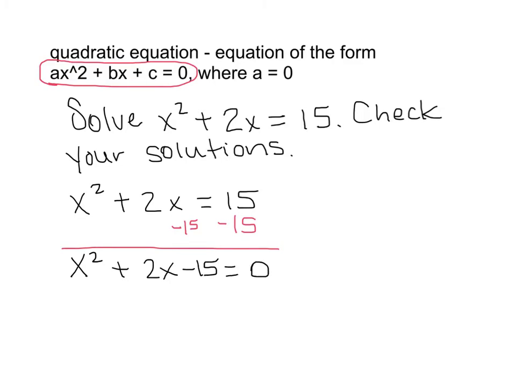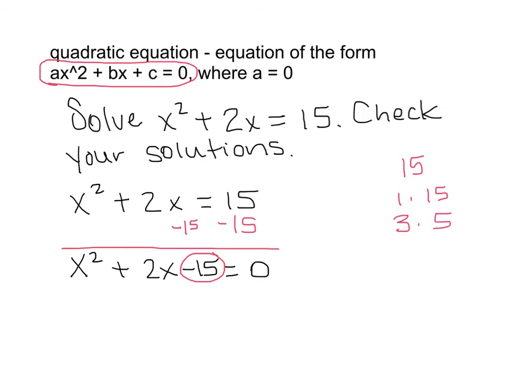Now we're going to use the same method that we did just a few minutes ago to solve this equation. We want to think about our factors of negative 15: 1 times 15 and 3 times 5.